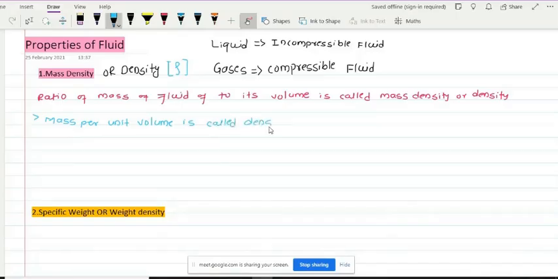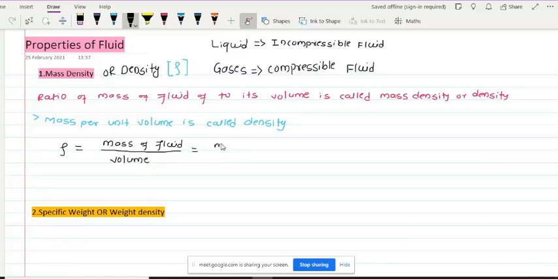Okay. So rho is equal to mass of the fluid to its volume, which is mass divided by volume.